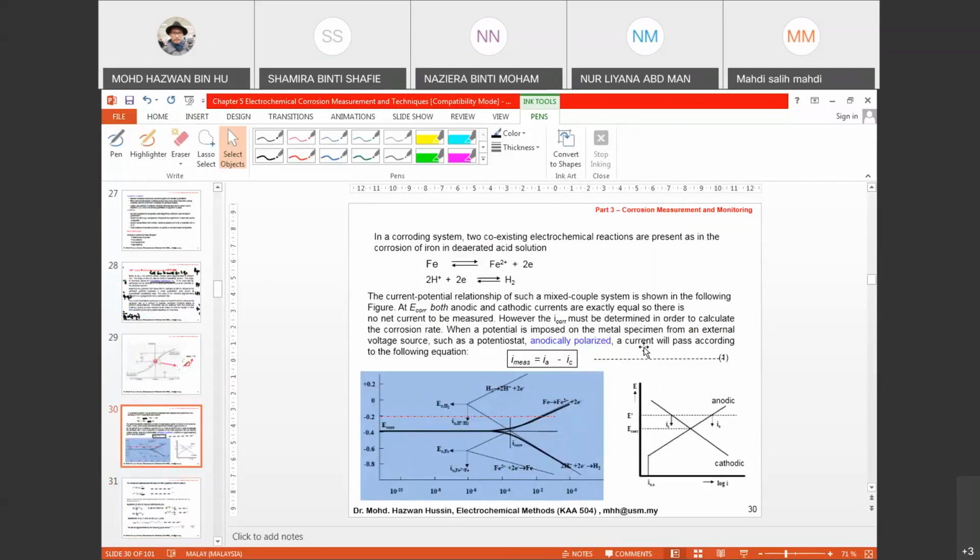So I guess the explanation of polarization has been taught in chapter 4, how you can get it. Polarization is a measurement of current at different overpotential values, anodically or cathodically.